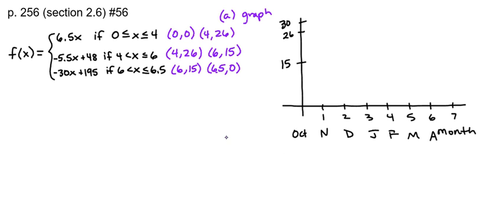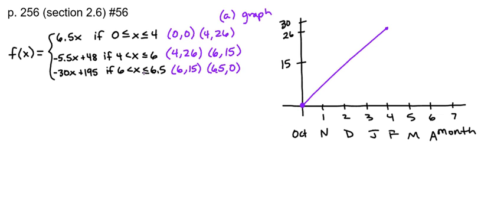Okay, so starting on the first piece, we have a solid circle at (0, 0), and we have a solid circle at (4, 26), right about there somewhere. Going to the next piece, we have an open circle at (4, 26), but there's already a solid circle there.